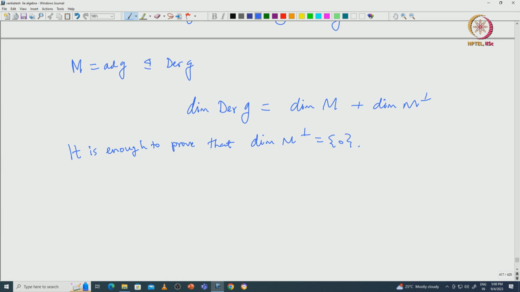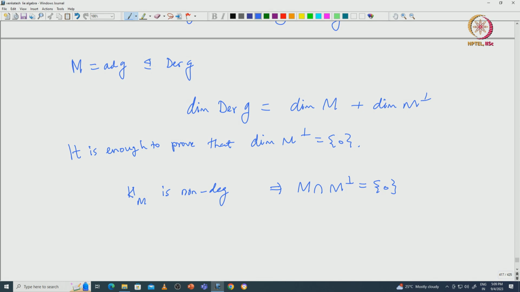That says that the Killing form on m is non-degenerate. In particular, if you look at m intersection m perp, that must be 0, because m intersection m perp lies inside the radical of the Killing form, but the radical of the Killing form is 0, that would imply that m intersection m perp is 0.